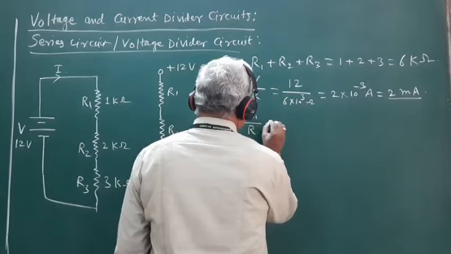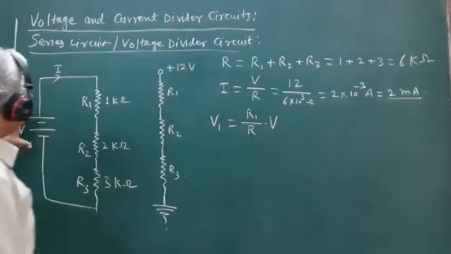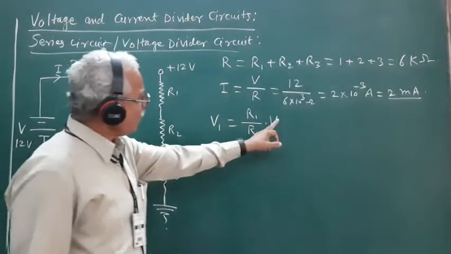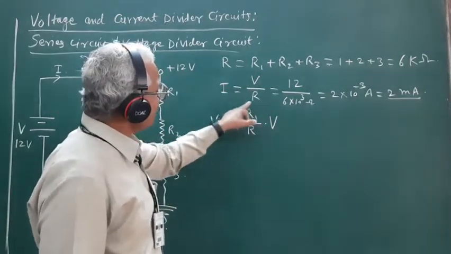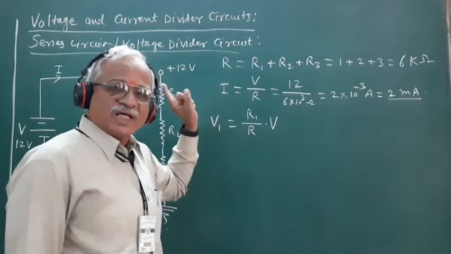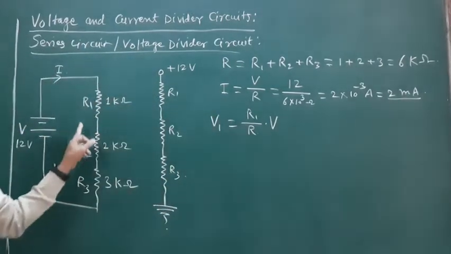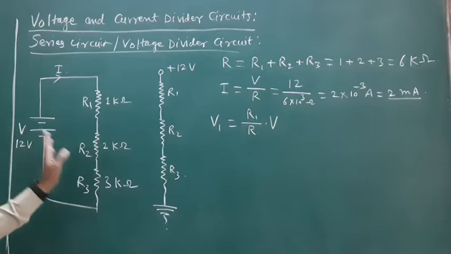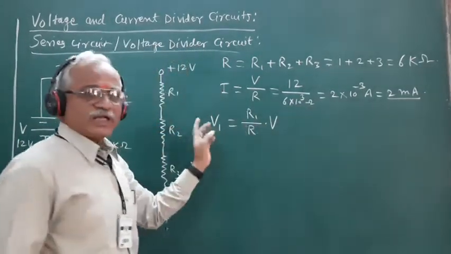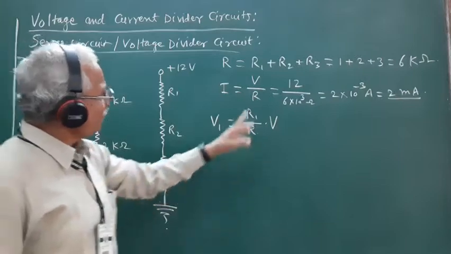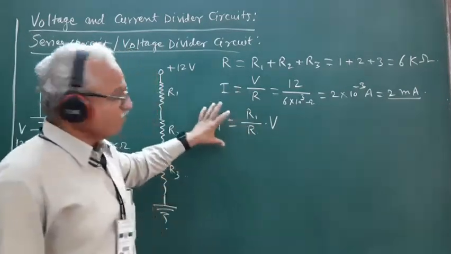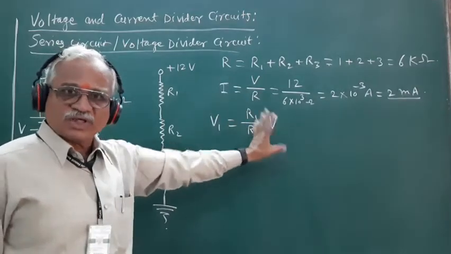This is multiplied by the potential applied across this series combination. So this is nothing but V upon R, and this V upon R is nothing but the current drawn from the source, that is, the current going through the resistance R. So it is one and the same thing. Either you can calculate V1 by taking the product of I into R1, or you can calculate it by using this proportionate voltage formula.